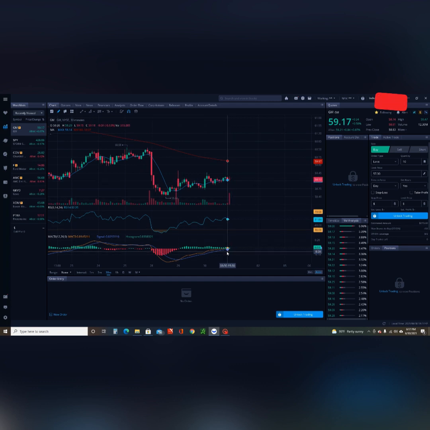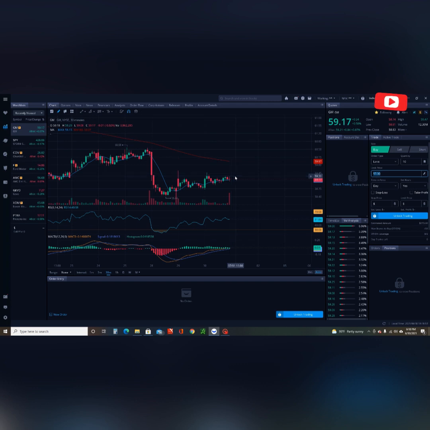But again, we're going to want to see our relative strength. We're going to want to see us in a position where we have some strength to grow with, some volume to ride. So let's say that we did. We're going to come over and set our buy order. We said we were looking for this to break above our resistance lines here at about 59.30.